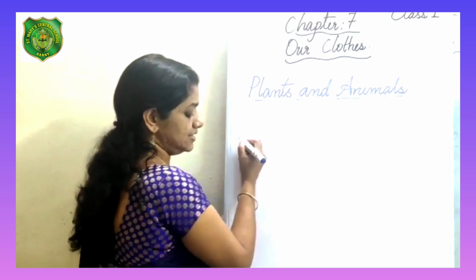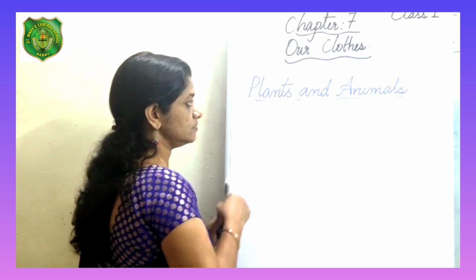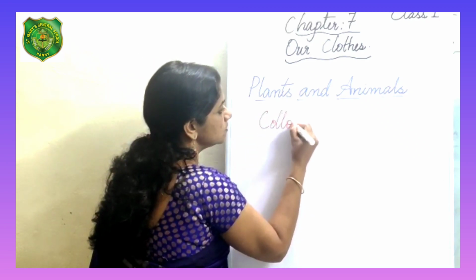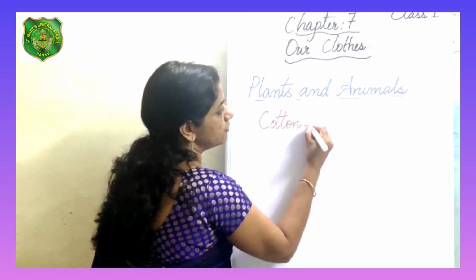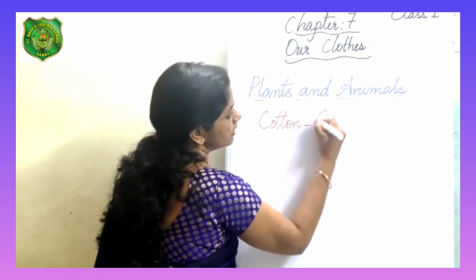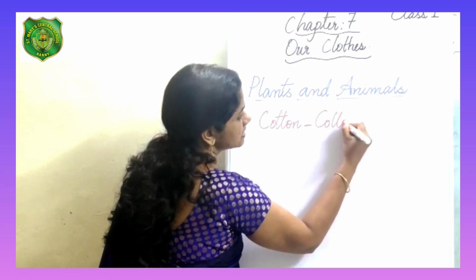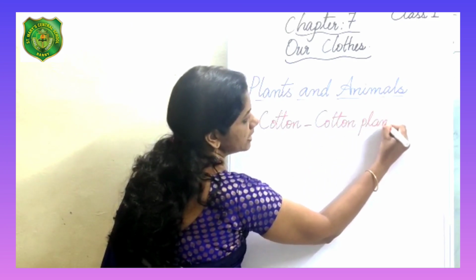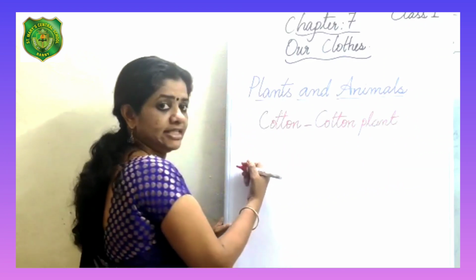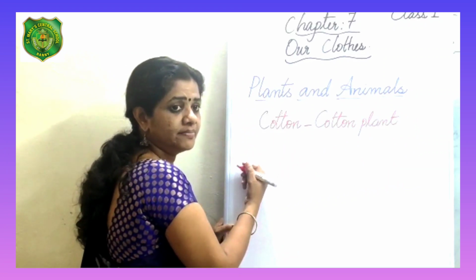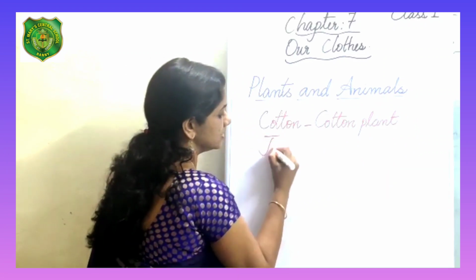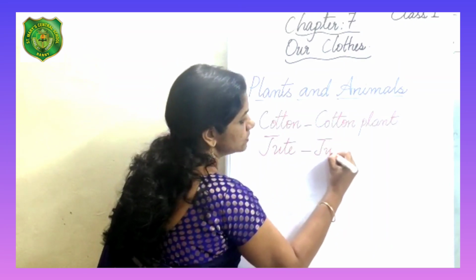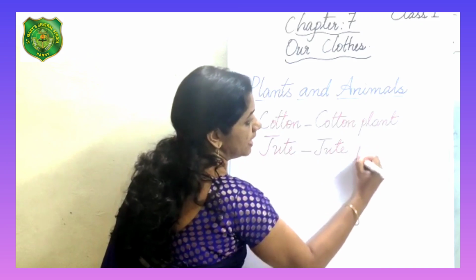Okay, so listen. We get cotton from cotton plants. Then jute from jute plant.